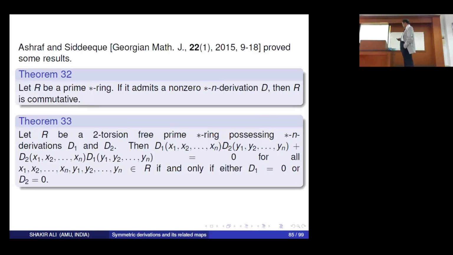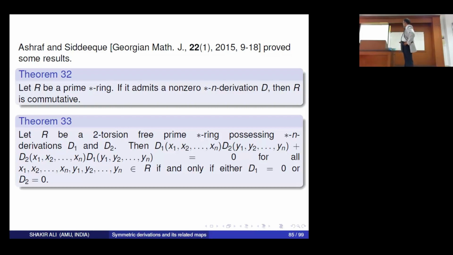And then our algebra group, in the year 2015, found this particular type of idea: that for a star ring, if it admits a non-zero n-derivation, then of course R is commutative. A parallel result to the positional one.